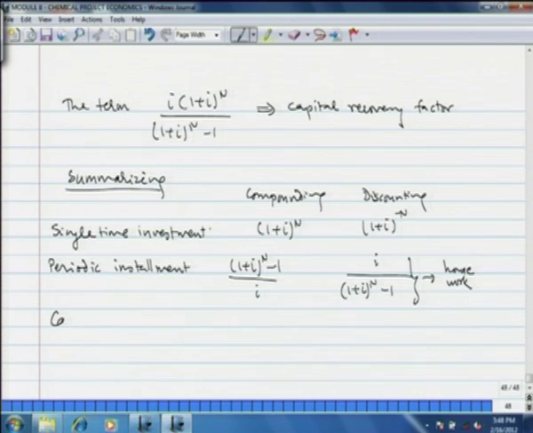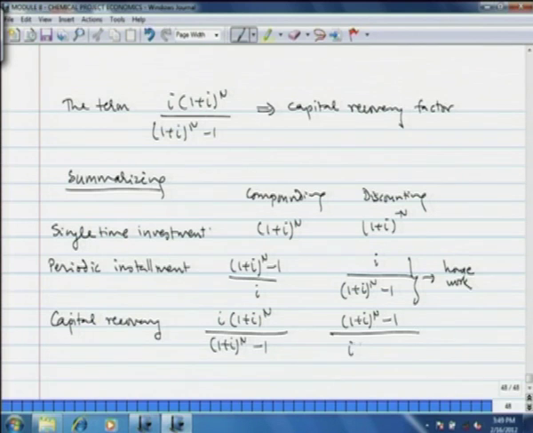And for capital recovery factor, that is the comparison between single time investment and periodic installment, the compounding factor is i into (1 plus i) to the power n divided by ((1 plus i) to the power n minus 1), and the discounting is the reciprocal of this, ((1 plus i) to the power n minus 1) divided by i into (1 plus i) to the power n.